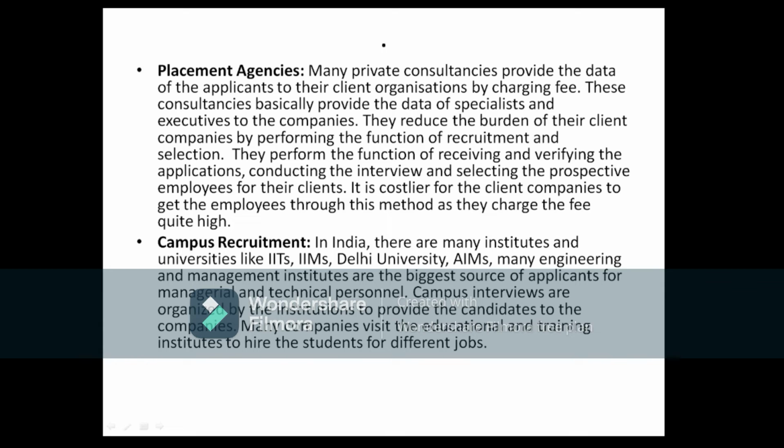Sometimes they perform the function of receiving and verifying the applications. They also sometimes conduct the interviews of the candidates, and after conducting the interviews, they select the prospective candidates for their clients.